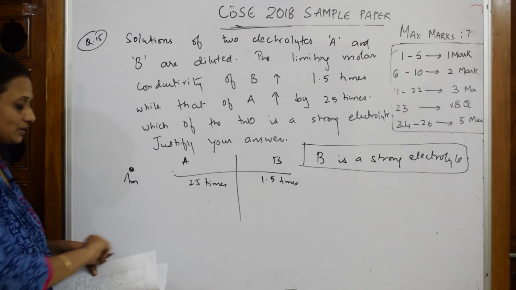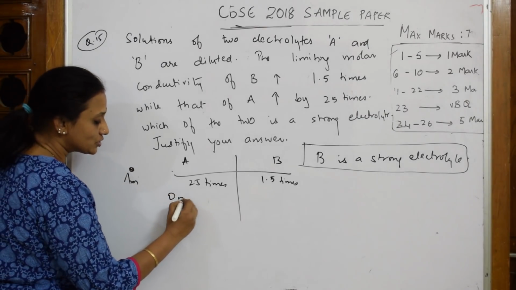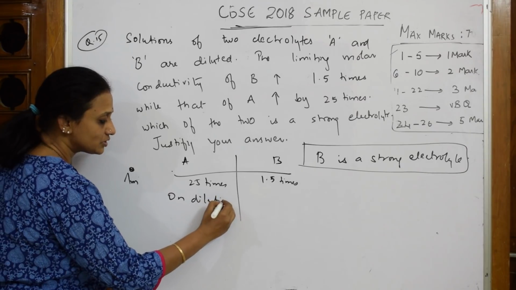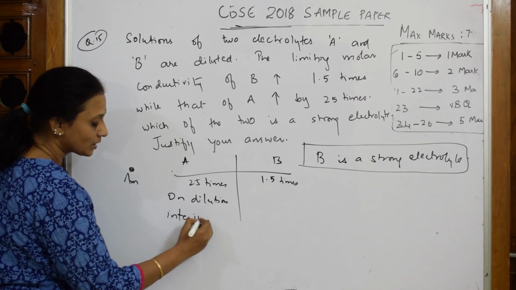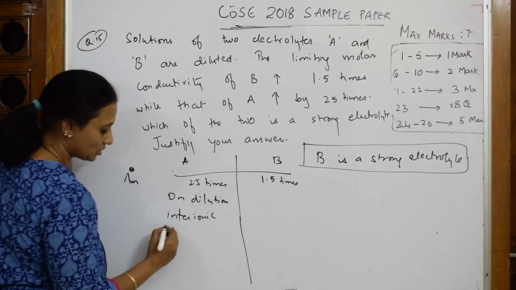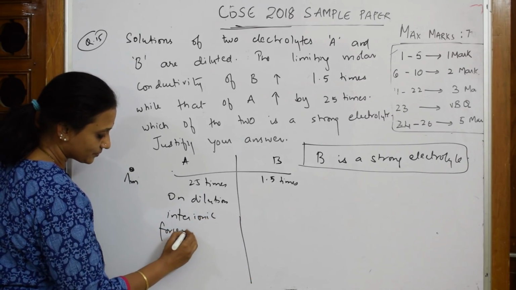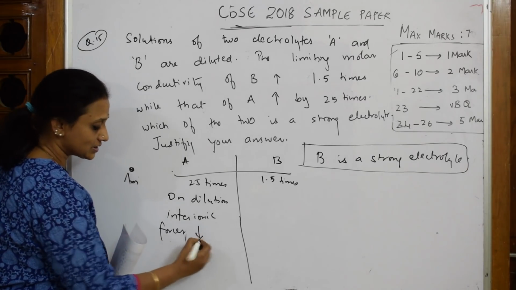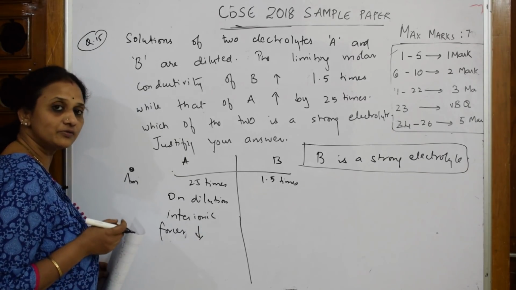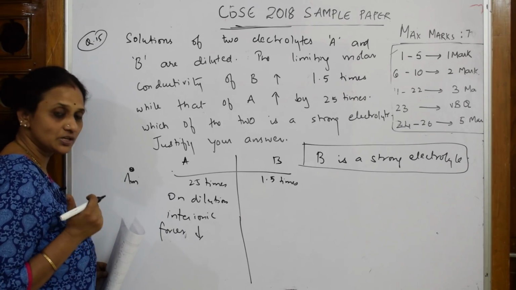So now what happened here on dilution? Seeing this, I'm answering. On dilution, the interionic forces or attraction, the space between the ions, decreases. Correct? When the interionic forces or attraction decreases, what happens?